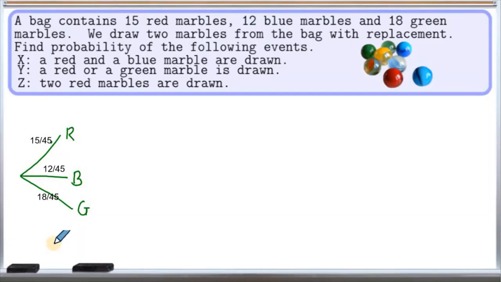If the first draw was red, the second draw can be red, blue, and green. So let me draw that branch. Similarly, if the first draw was blue, we can again have red, blue, and green on the second draw.